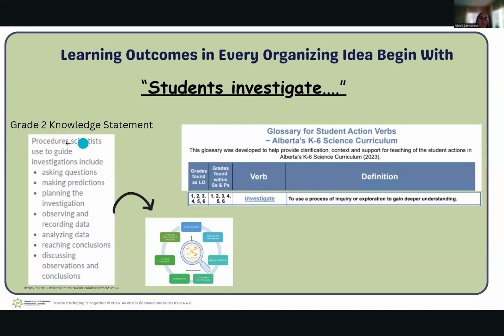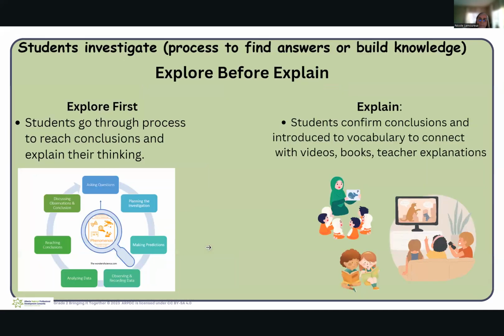Well, that process or procedures of an investigation are laid out in your grade 2 knowledge statements right here. So for students to build knowledge, they have to go through this process. And in the summer symposium, I have developed this graphic organizer to help us with that. It's not step by step, but it's an iterative, cyclical process that our students are going to go through in order to build knowledge.